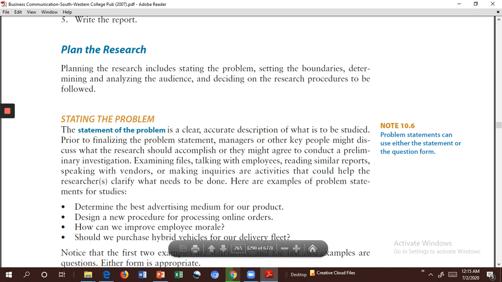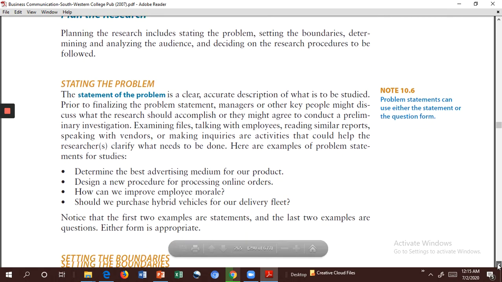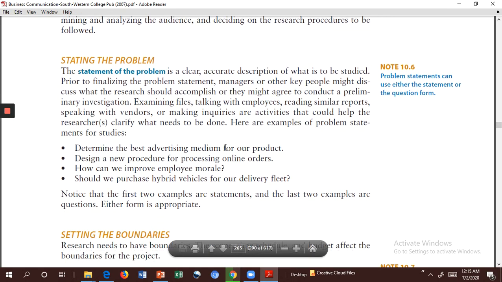So here is the example of stating the problem. For example, here they have stated: determine the best advertising medium for our product. Now this is the issue at hand. This is what they want, right? And that's why they would like to conduct research. Design a new procedure for processing online orders. How can we improve employee morale?